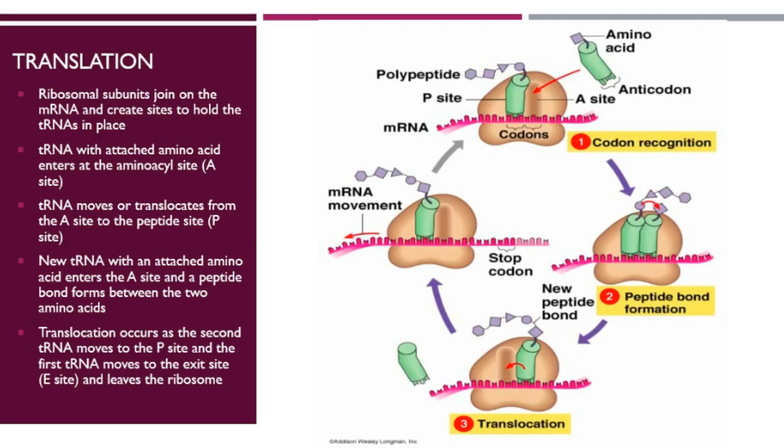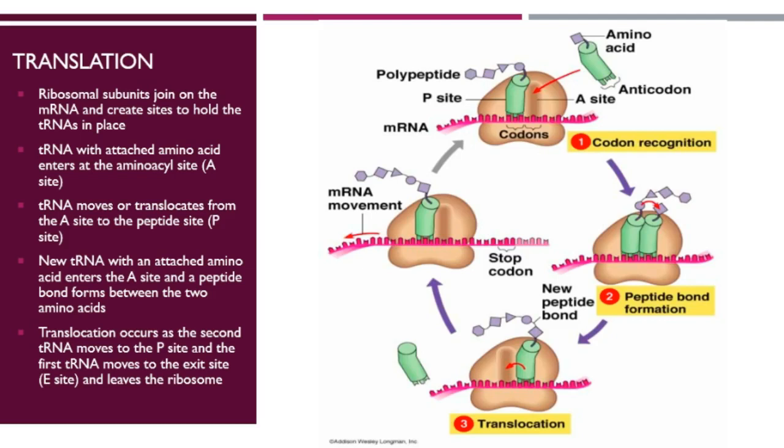This is the general process for translation. So step one occurs when the ribosomal subunits join on the messenger RNA molecule and they create sites in the large subunit for transfer RNAs to be held in place during this process.